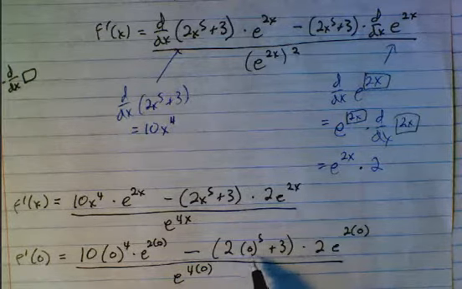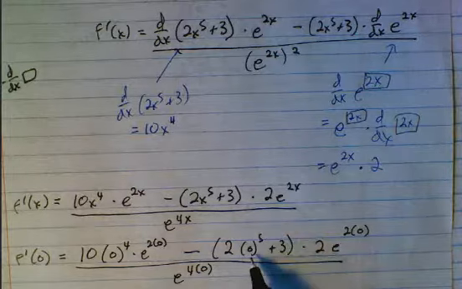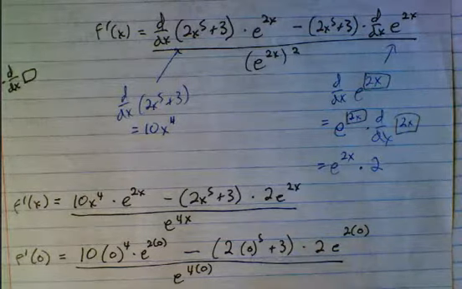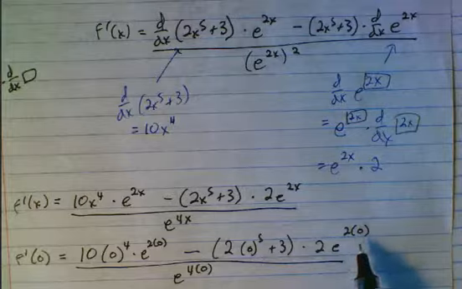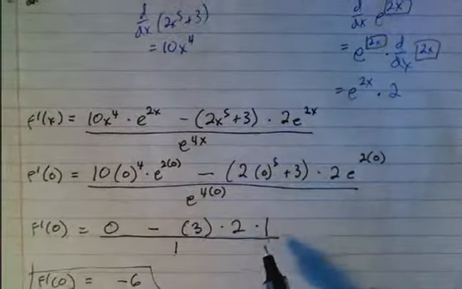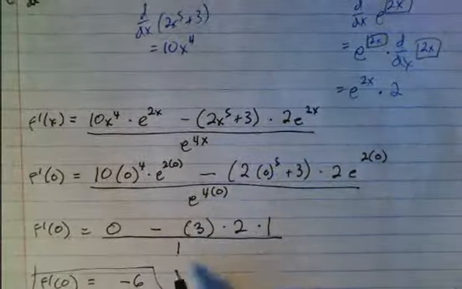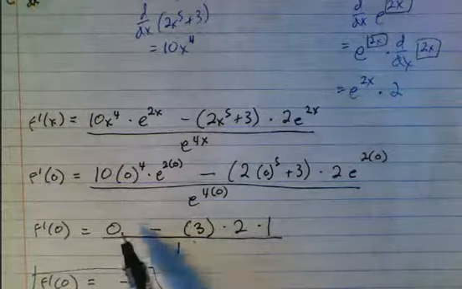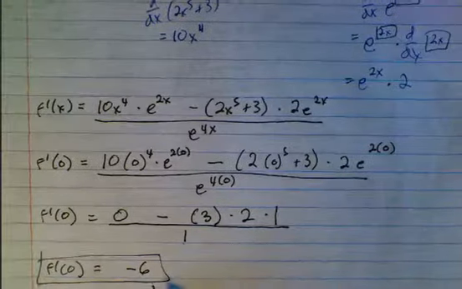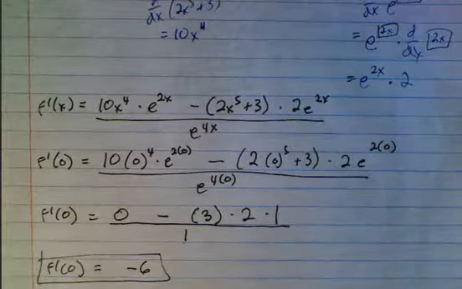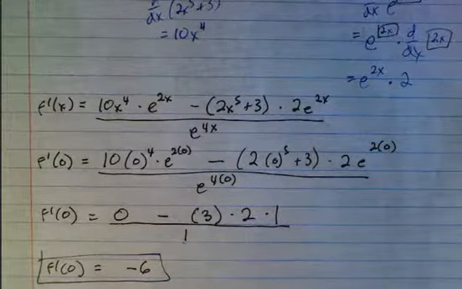Here, put 0 to the 5th in. That's 2 times 0. 2 times 0 plus 3, that's 3. 3 times 2, and then e to the 0 power is 1. e to the 0 power, still 1. And then when I put this all together, I get f prime of 0 is -6. That concludes these notes.